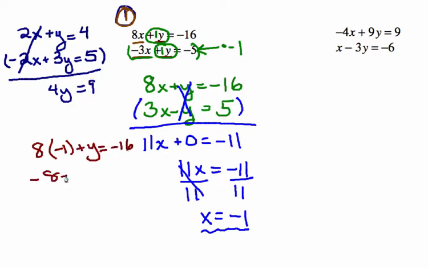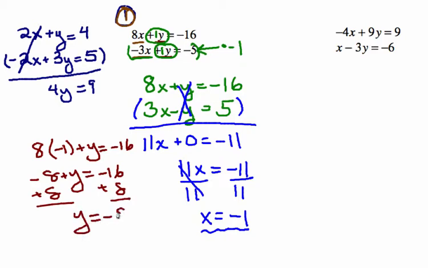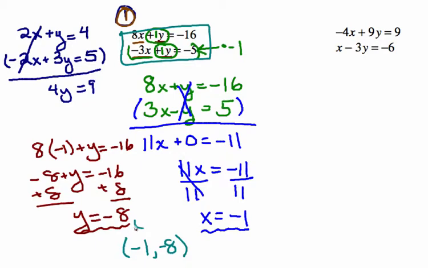So negative 8 plus y equals negative 16. Add 8 to both sides, and y equals negative 8. That means that our answer is a coordinate point, negative 1, negative 8. If we graphed these two equations that we started with, they would intersect at the point negative 1, negative 8.